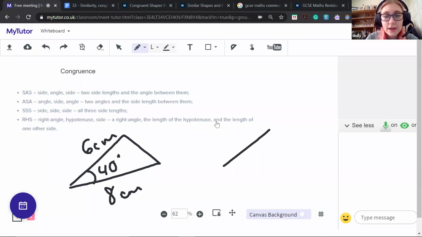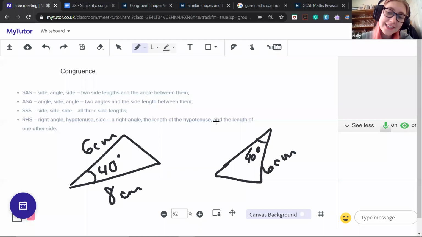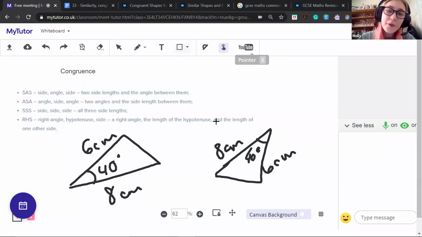And then over here we have this, and this is 40 degrees, 6 centimeters, and this is 8 centimeters. We can see that we've got these 2 sides and the angle between them. So we would say that by side angle side, by SAS, these triangles are congruent.